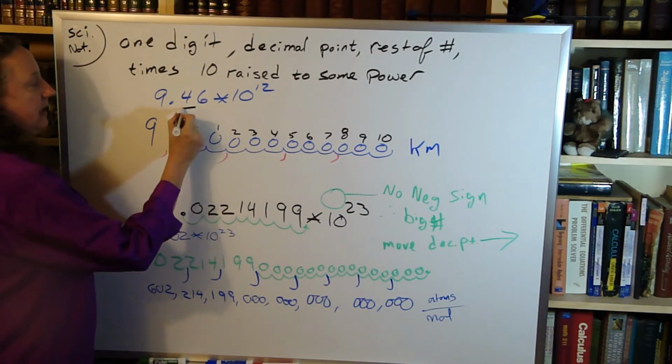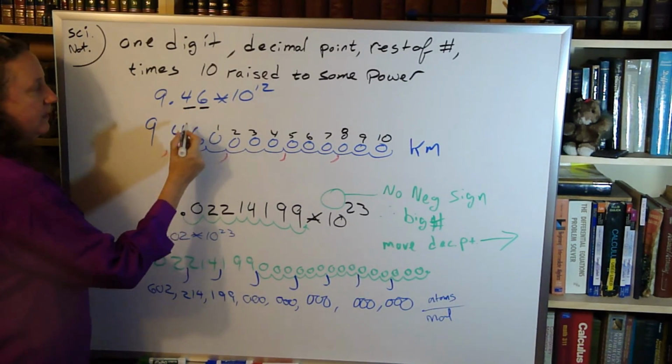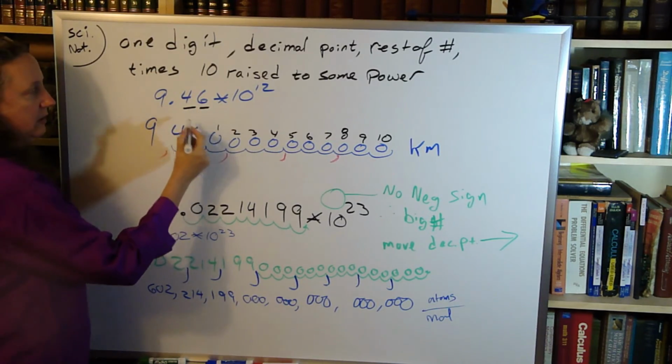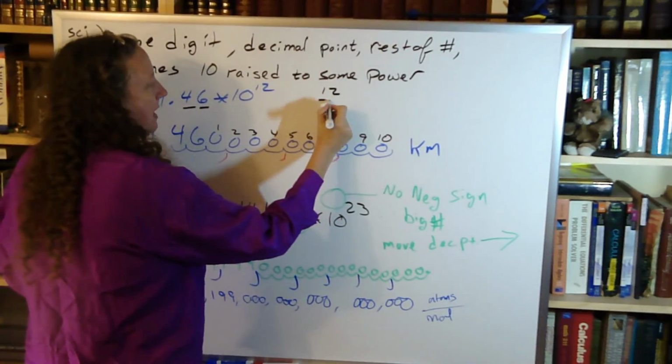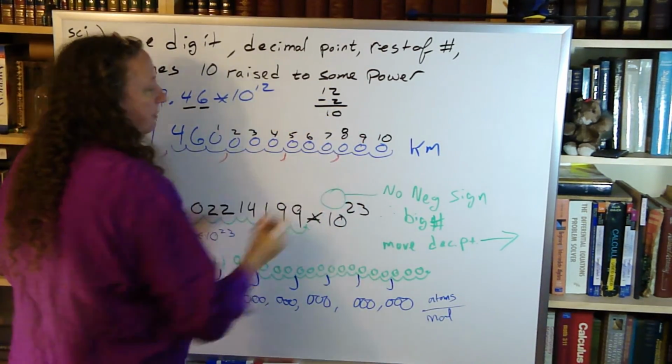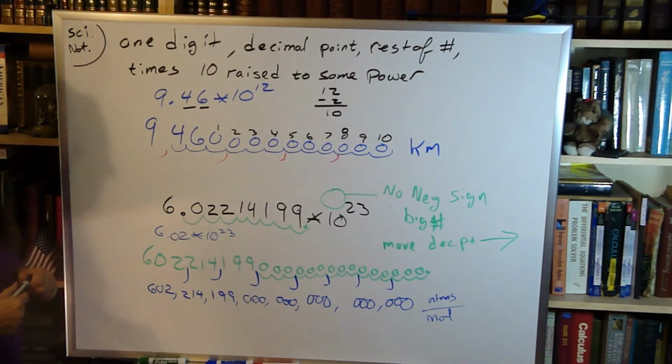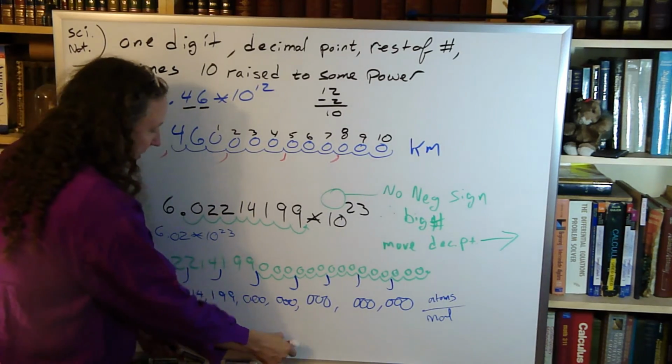Shortcut to find out how many zeros you have. I have 2 digits here, so I'm going to take my 12 minus 2, gives me 10. Looking down at this problem, how many zeros do I need?